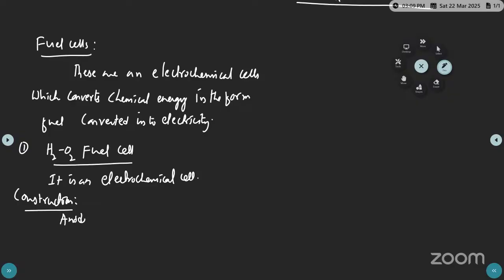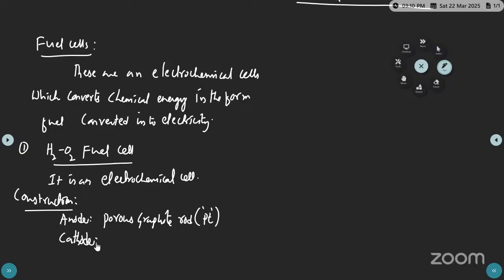Anode. What is anode? Porous graphite rod which is coated by platinum. And similarly, cathode.